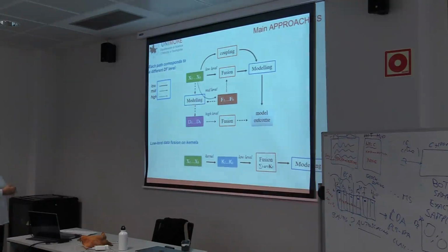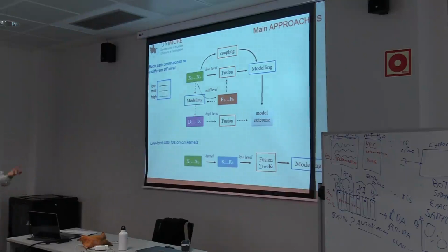So in this case, what we do is concatenation of the data, okay? And then we do the modeling. So the fusion, in this case, happens at the raw data. When I speak about low level, this means the fusion step is in the raw data, my raw data or my block collector.